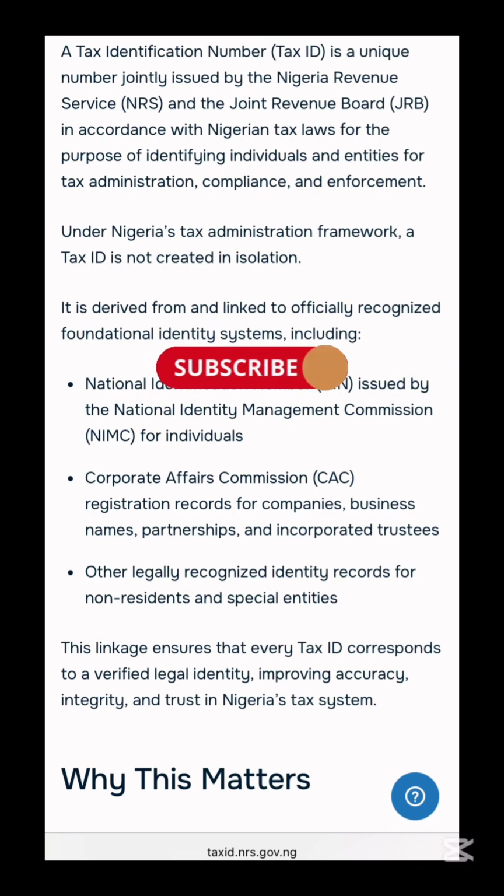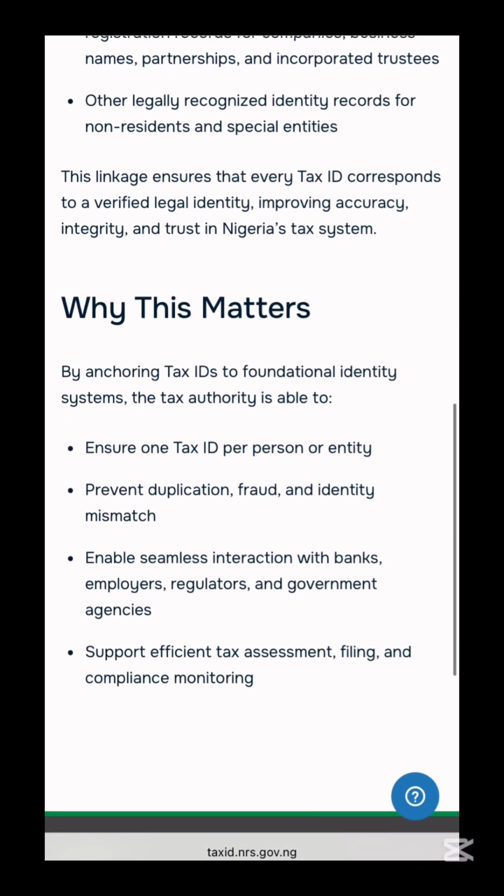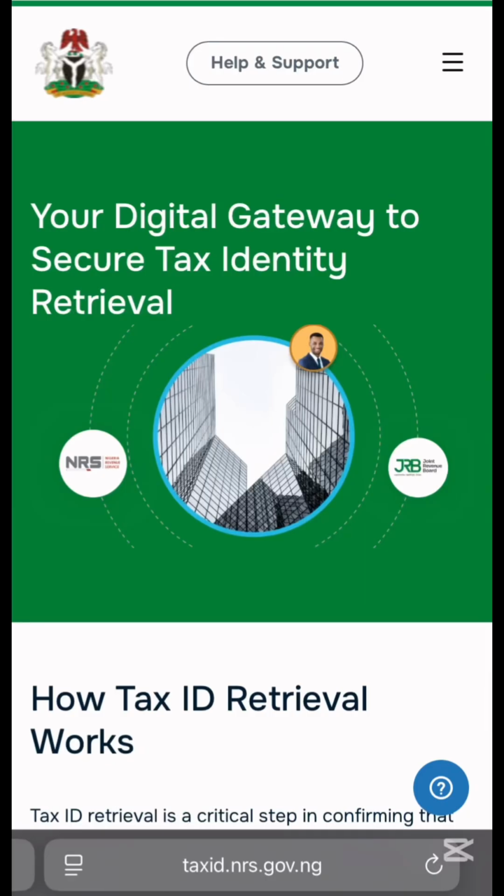So we'll have NIN, that is your national identification number, for individuals, and Corporate Affairs Commission, that's CAC, for businesses, or other legally recognized identity records for non-residents and special entities. So you can read up on why it matters and so on.